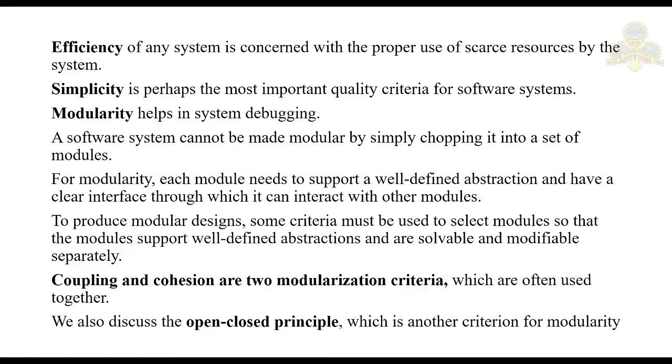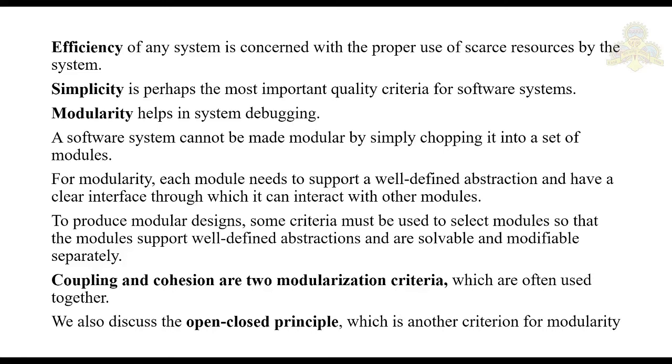Now the last one is modularity. Modularity helps in system debugging, but you cannot get it just by chopping the system into n number of modules and claim you have achieved modularity. So how should you divide the system into modules?